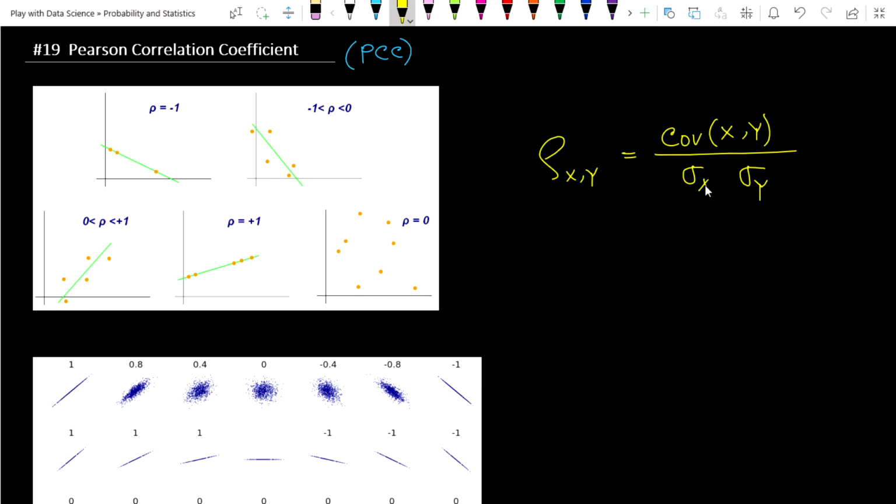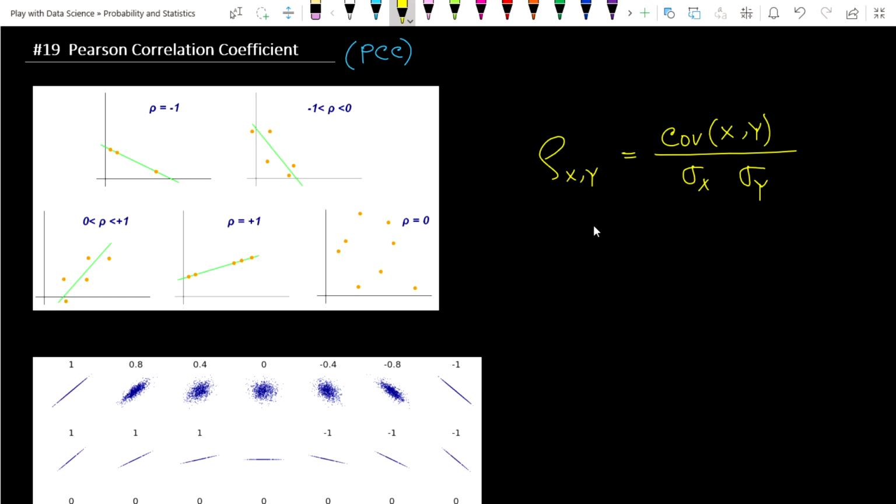Similarly, we can easily calculate the standard deviations, because we have some observed values of each random variable. Using these observed values, we can easily calculate the standard deviations and covariances. Now let's see how the Pearson correlation coefficient avoids this problem.